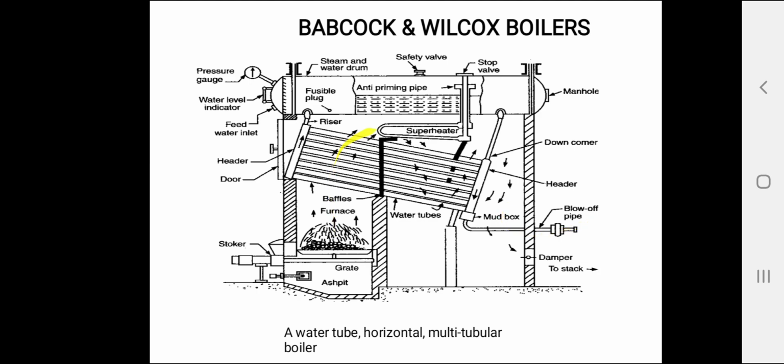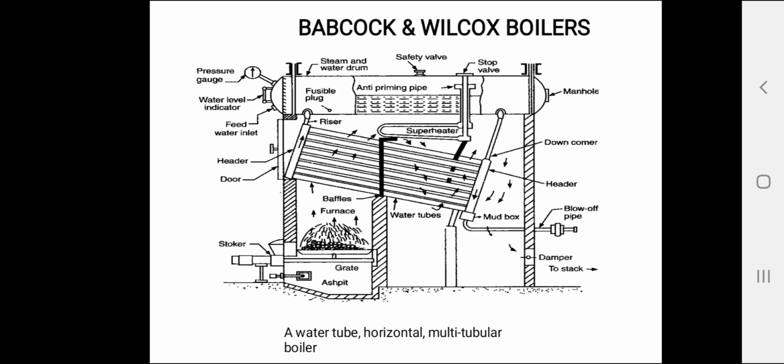They come up, go down, and move out. So there are 4 times exposure to hot flue gases. Later on, these hot flue gases are used again for improving the quality of steam. We will discuss that in the next topic.